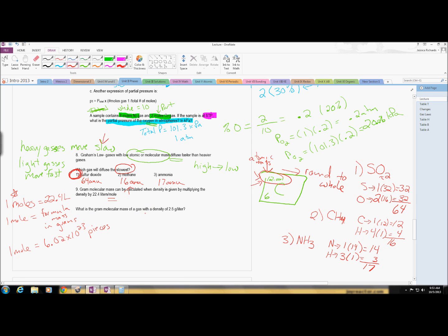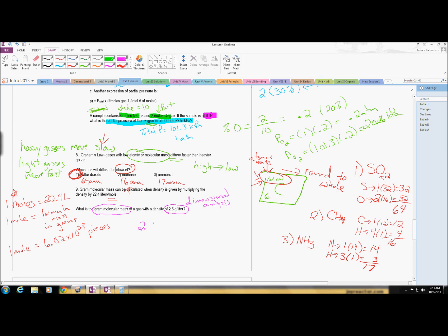The question, however, is just factor label. This question is just dimensional analysis, or factor label. So if you look, they want to know what is the gram molecular mass of a gas that has a density of 2.5 grams per liter.